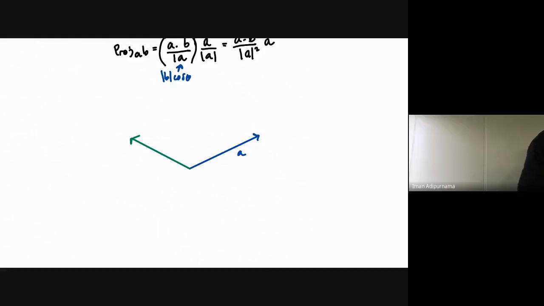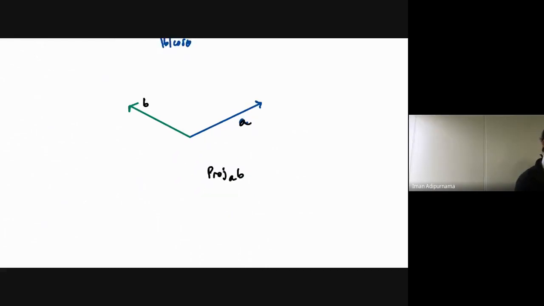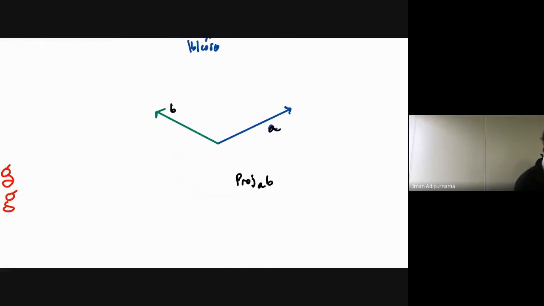This is A, this is B. The same projection from B to A. If we have this kind of vectors now, we need to make some extension, and this is our projection.